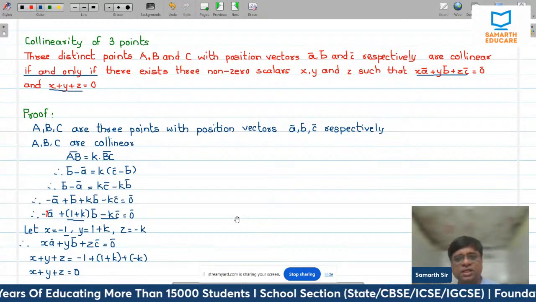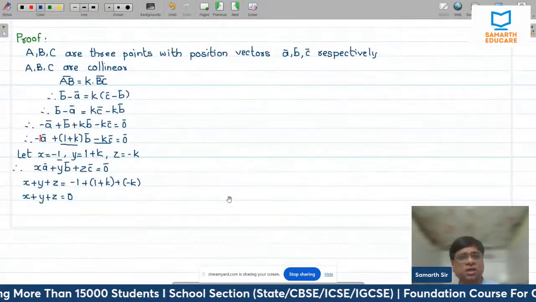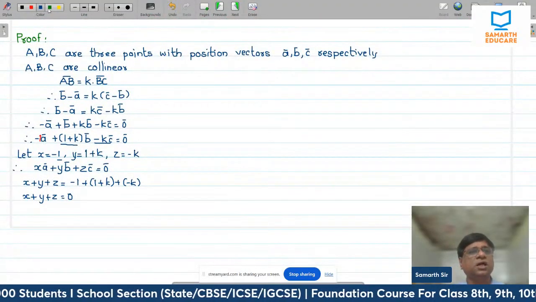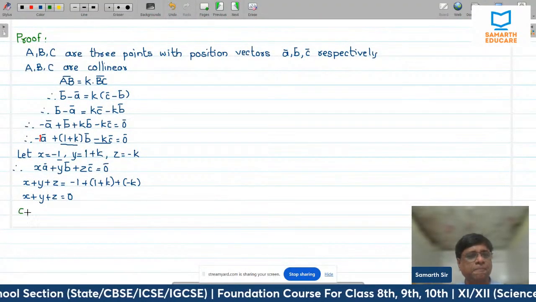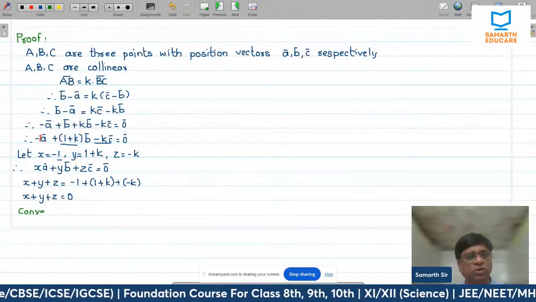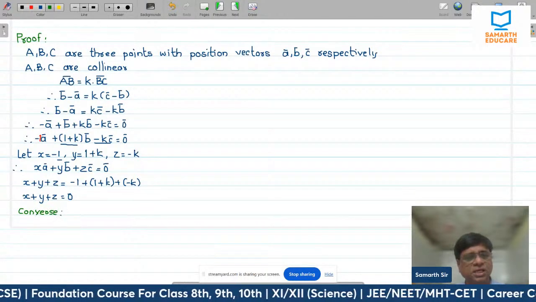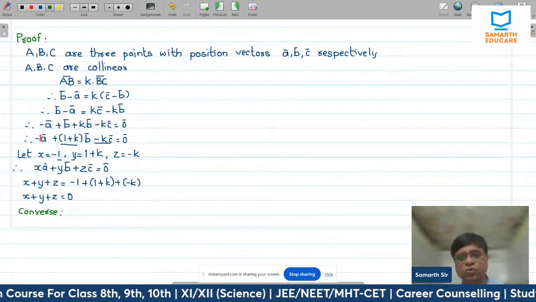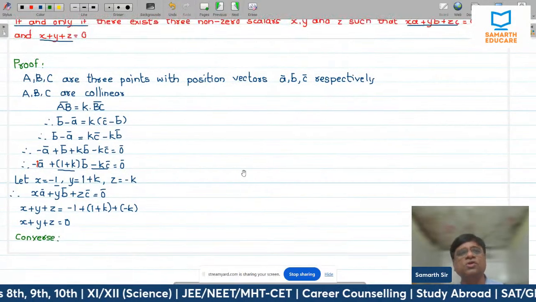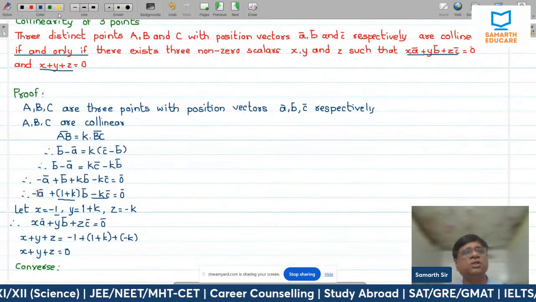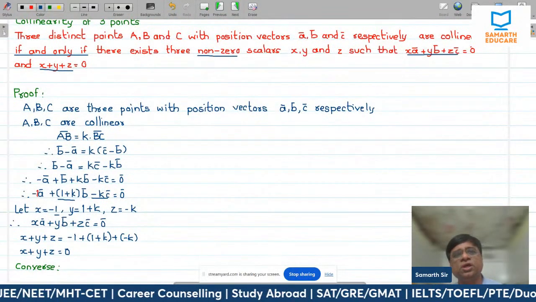Now we look at the second part, that is the converse. Let's check what its converse is. Now, before I start with the converse, as I keep on saying, each and every word in the question that is given to you is always very important. Now, if you observe this, there are three non-zero scalars.